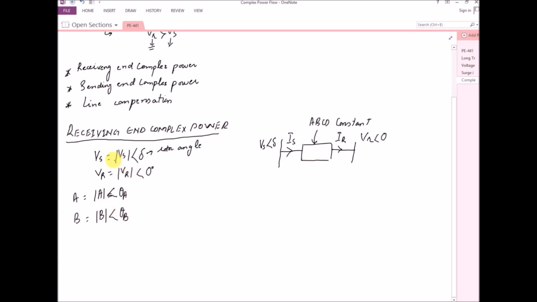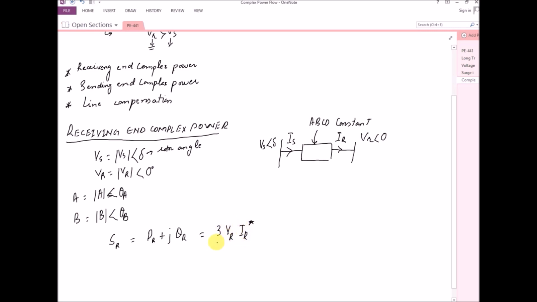Now what we have to find is the receiving end complex power, and the complex power is S, and for the receiving end I have used R, and it has two parts, real power and reactive power. The final formula is 3VR IR conjugate.